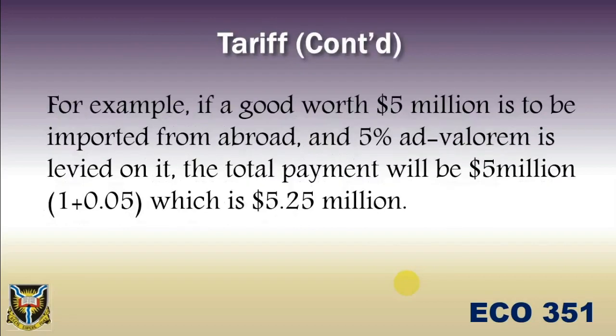For example, if a good worth $5 million is to be imported from abroad and 5% ad valorem tax is levied on it, the total payment will be 5 million plus 5% of 5 million, which will give us $5.25 million.